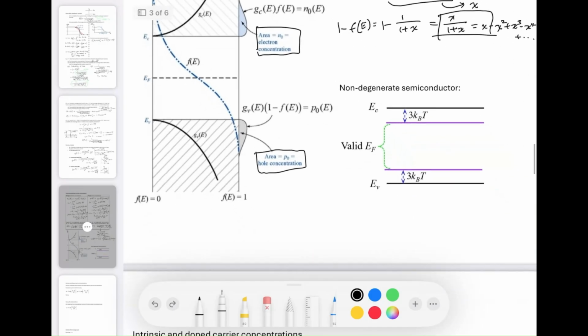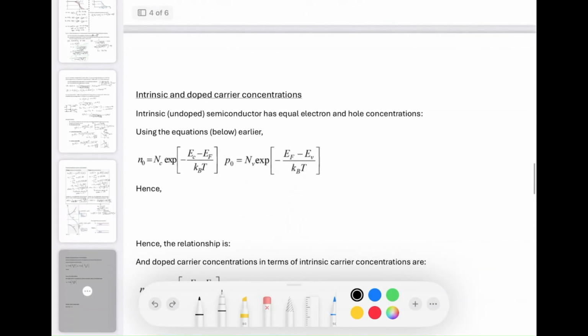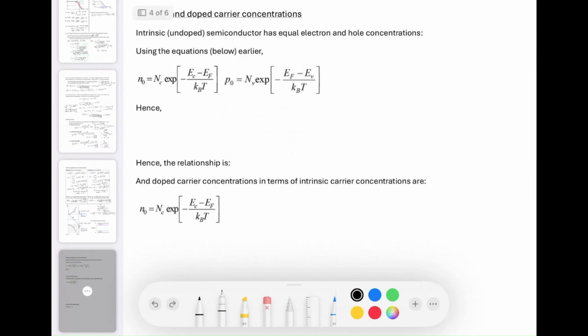Okay, so let's move on to intrinsic and doped carrier concentrations. An intrinsic or undoped semiconductor has an equal number of electron and hole concentration. So it's just Ni equal to Pi. This is always the case for an intrinsic semiconductor.